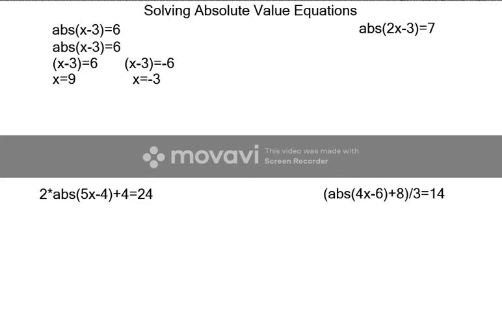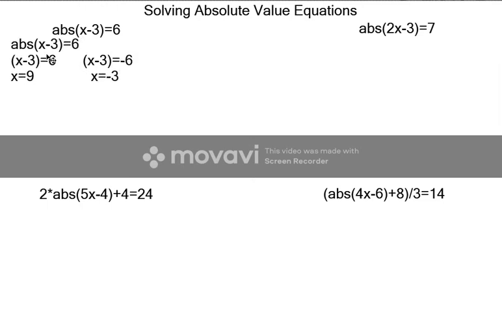We'll put both of these answers, 9 and negative 3, into the original equation, absolute value of x minus 3 is equal to 6, and see if both sides are equal. Let's call it the check part.